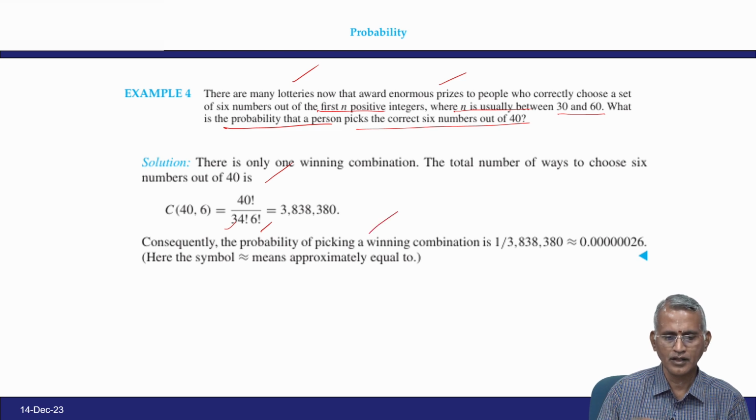Consequently, the probability of picking a winning combination is 1 by the number of outcomes, which is approximately equal to 0.00000026. So, here this symbol denotes the approximate value of the chance of a person picking the correct 6 numbers out of 40.